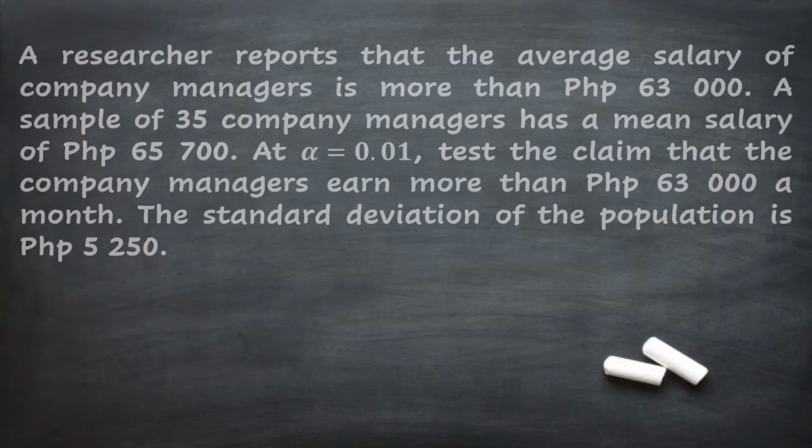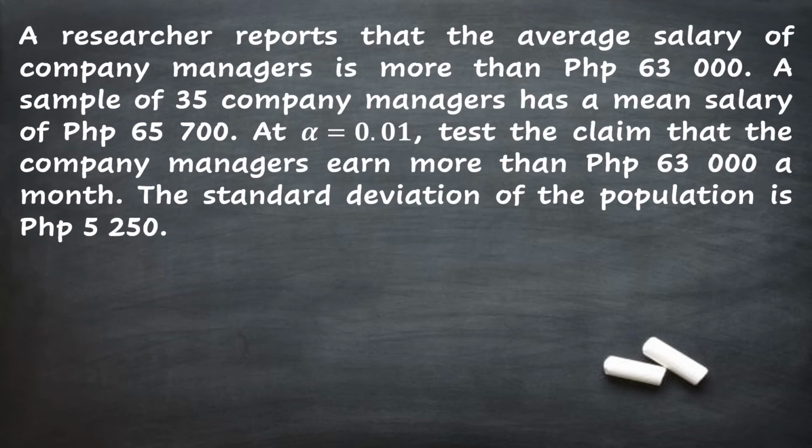Next problem: a researcher reports that the average salary of company managers is more than 63,000 pesos. A sample of 35 company managers has a mean salary of 65,700. At an alpha level equal to 0.01, test the claim that the company managers earn more than 63,000 pesos a month.